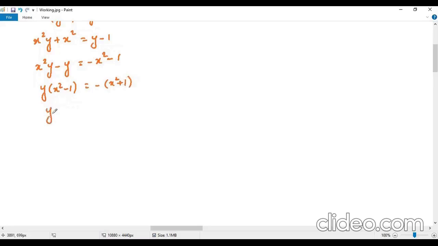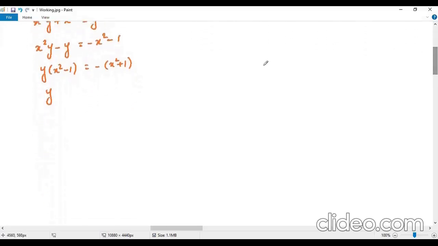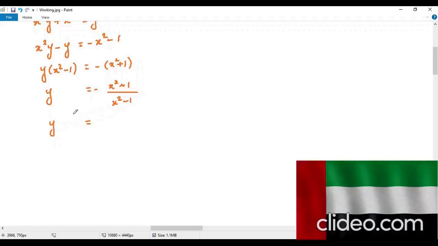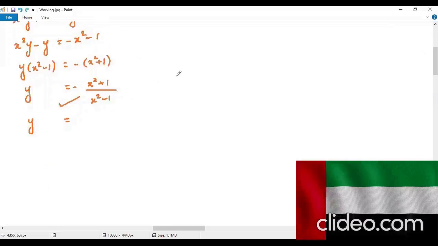That means y is the subject. Yes, y is the subject. That means minus x square plus 1 over x square minus 1. So y equals, this is your answer. Now moving on to the next question.